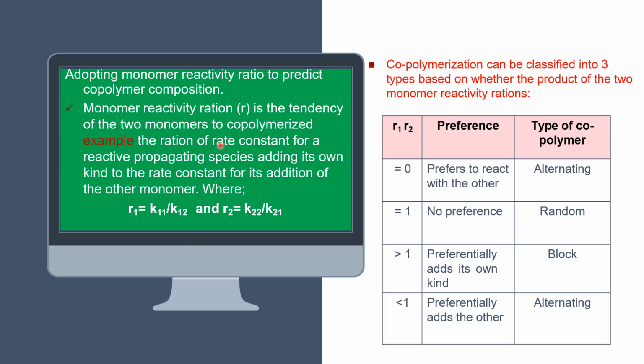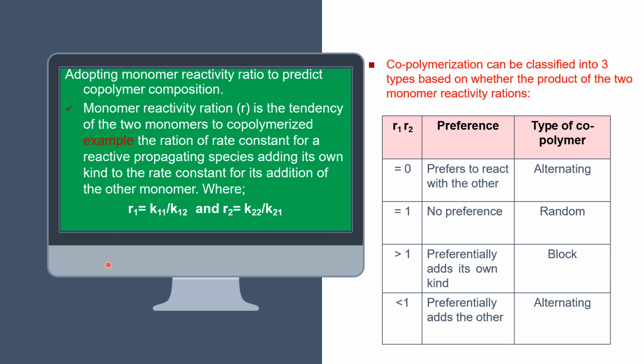Alright, the monomer reactivity ratio, or r, helps predict the copolymerization composition. It indicates the tendency of a monomer to copolymerize either with its own kind or with a different kind. So for example, r1 is equal to K11 over K12, and r2 is equal to K22 divided by K21.